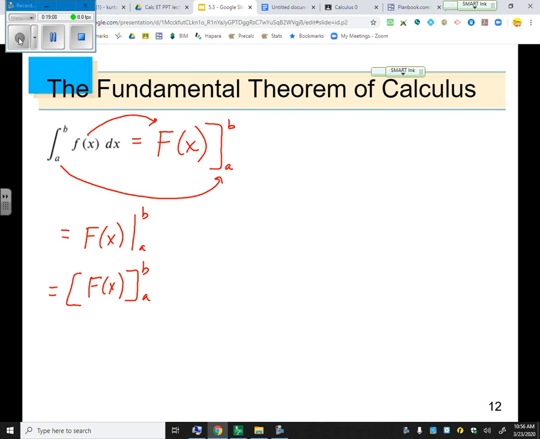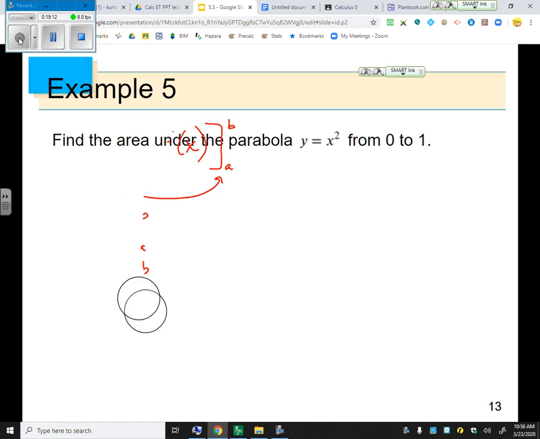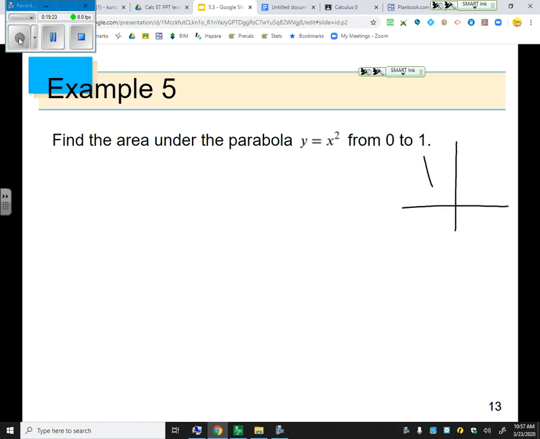So I want to go back to the very first problem that we did back in 5.1 of this chapter. We found the area under the parabola from 0 to 1, and the parabola was x squared. Let me jog your memory on this. We found the area from 0 to 1, and using that big old long method, we found that it was 1/3, I remember.